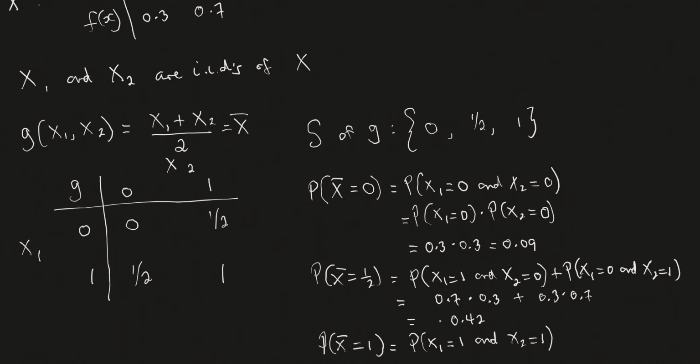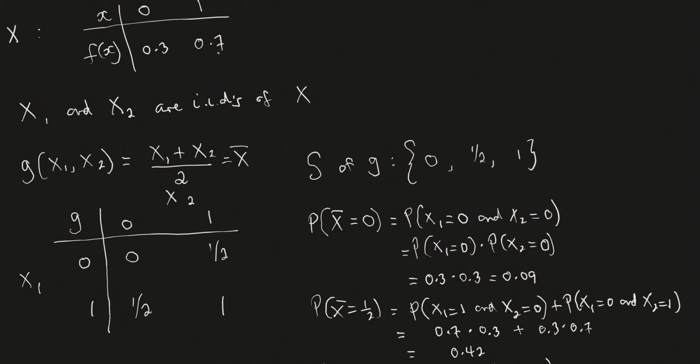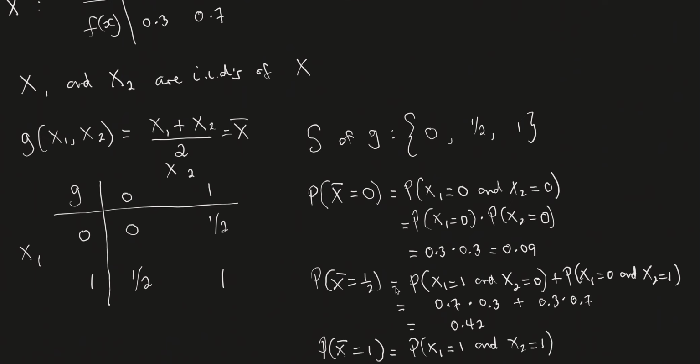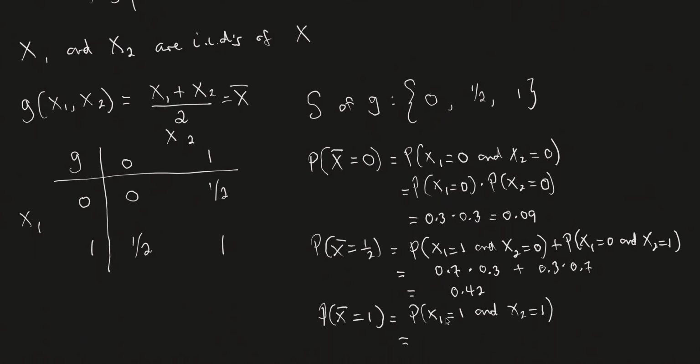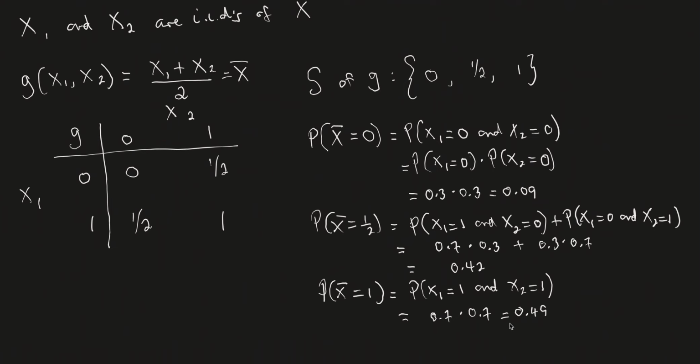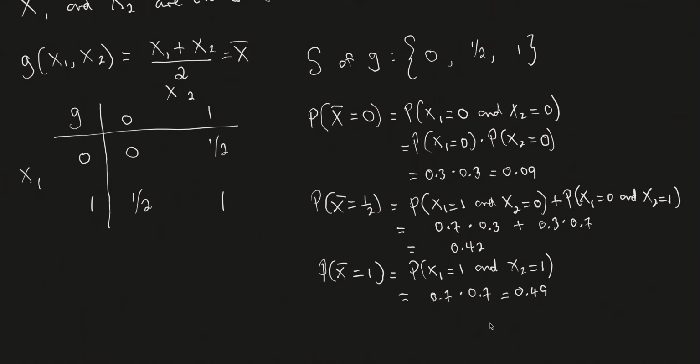So we're taking the probability of x1 equals 1, that's 0.7, times another 0.7, and then that gives us what I stated earlier, the 0.49, right? So then we can put this all together, and these are nice discrete values. There are only three possibilities, 0, 1/2, or 1, and we now know the corresponding probabilities. So here is the PDF of our mean.